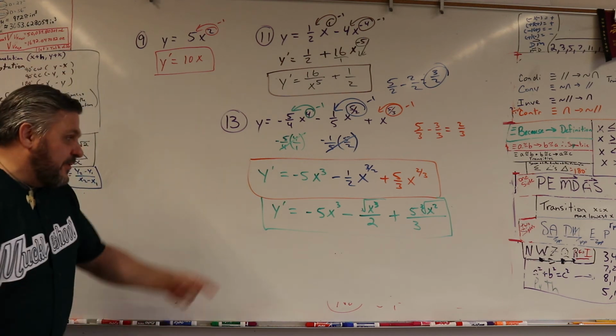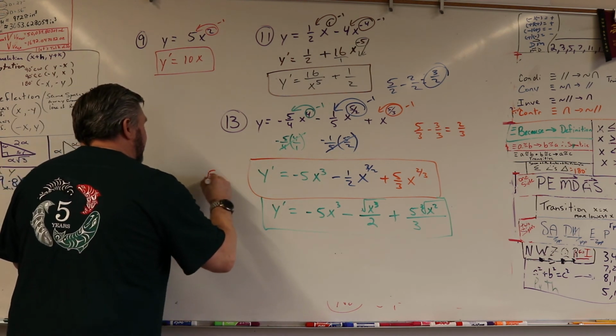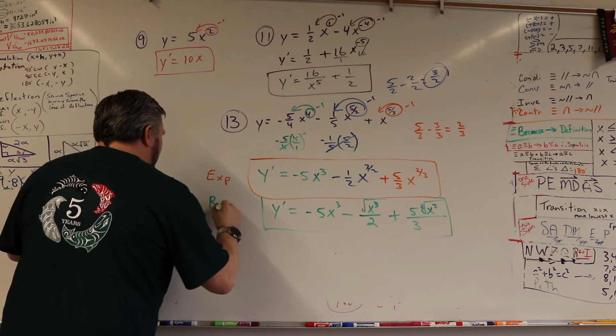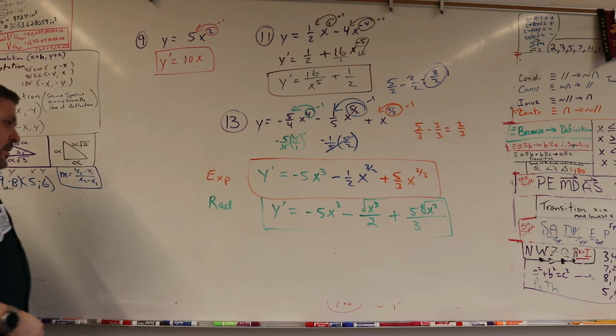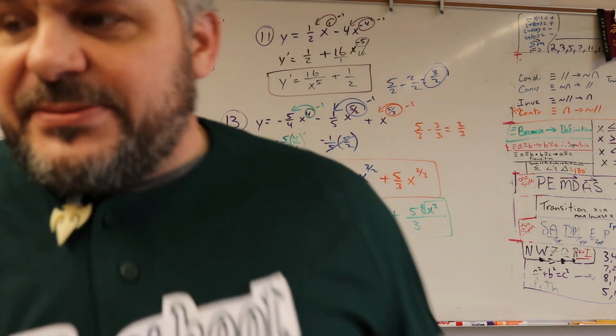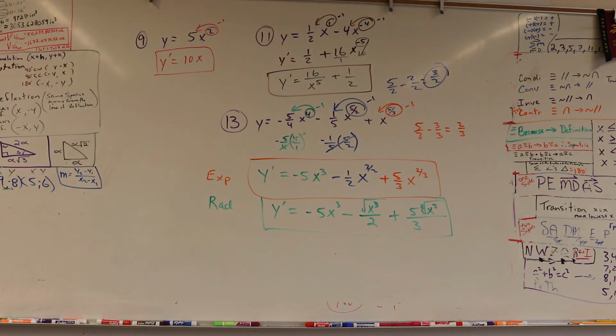This is exponential form, and this is radical form. One shows the radicals, one shows the fractional exponents. We good? Questions? Fun stuff?